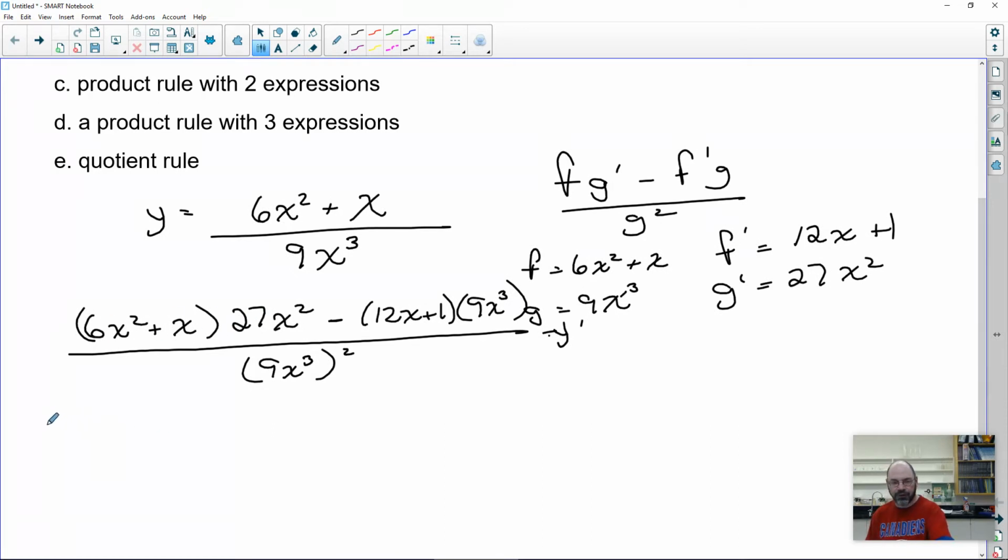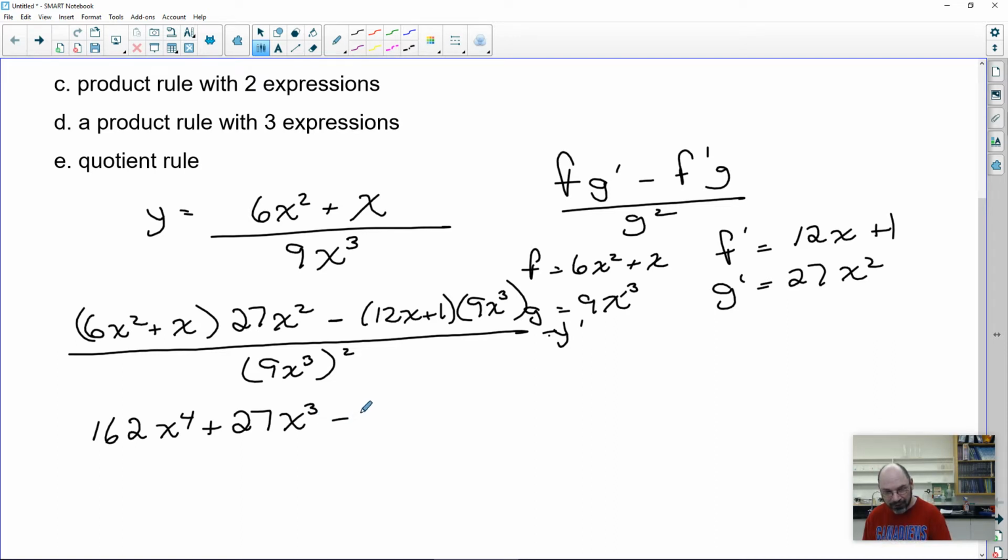Now, this one's simple to simplify because it's only distribution here. So you could simplify it if you want. So 27 times 6, I'll do that quickly here. 162 x to the fourth plus 27x cubed minus 12 times 9 is 108.